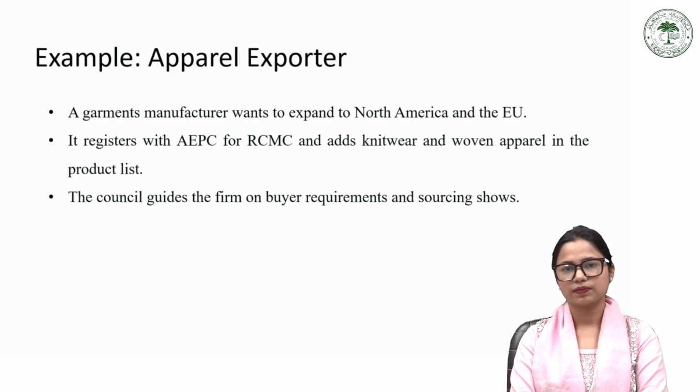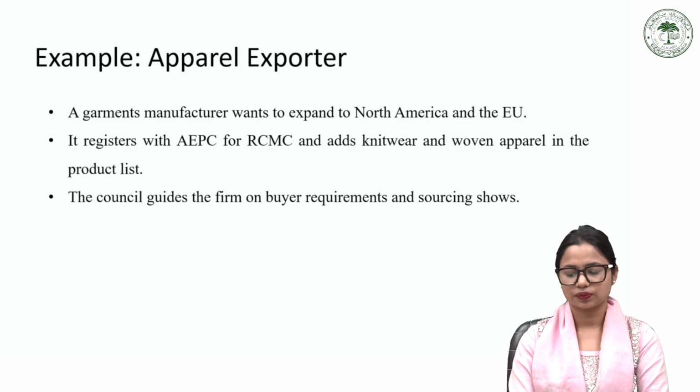The next step for this apparel exporter would be to join the Apparel Export Promotion Council by obtaining an RCMC certificate, and in return the council will guide the apparel exporter on buyer requirements and various sourcing shows. So they can import various raw materials also by being a part of these international trade shows.